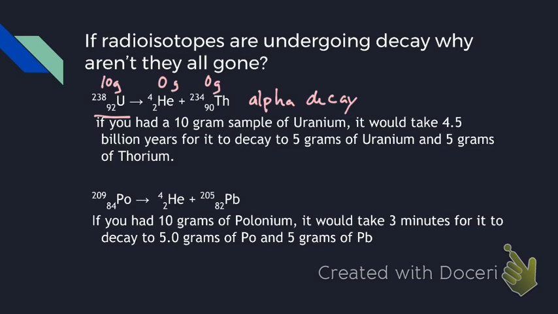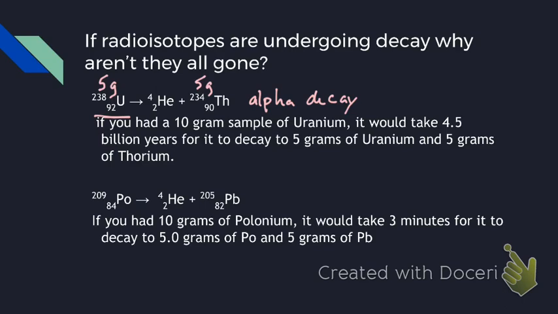But at some point, it'll start decaying so that you have 5 grams of uranium left. So half of it will be gone. And then you'll have 5 grams of this thorium.